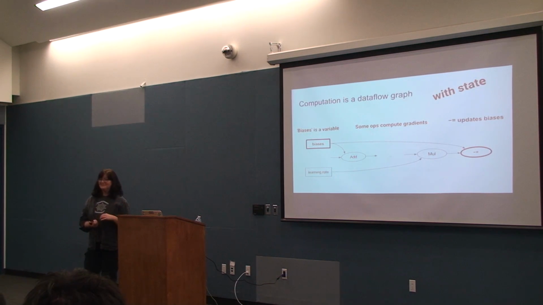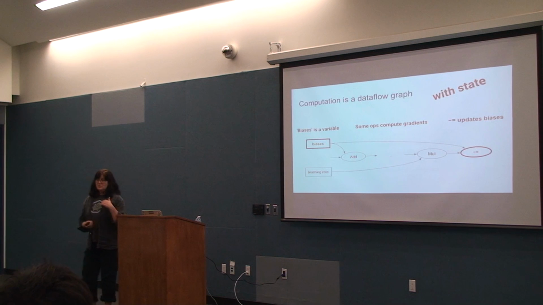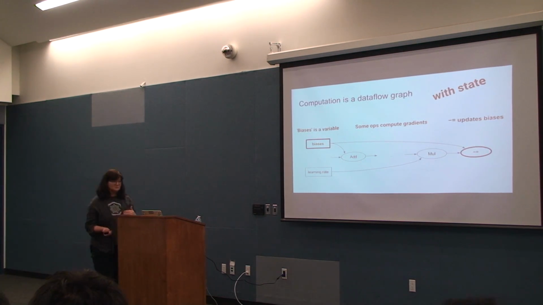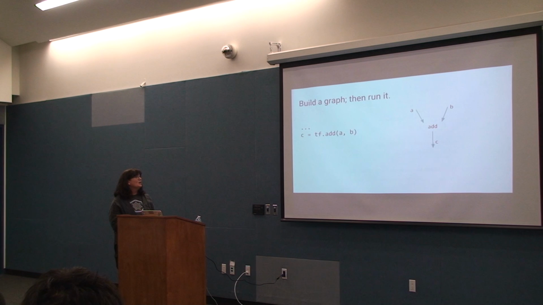So we'll see that shortly. You can define operations that are update operations that update the variables that you want to learn as part of your training process. This maybe is a little too abstract, but we'll see a TensorFlow program that hopefully makes this more clear.